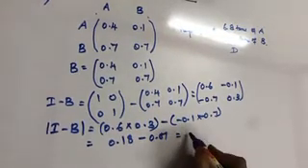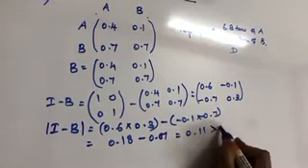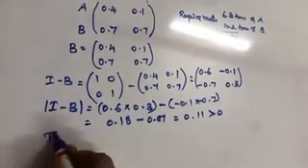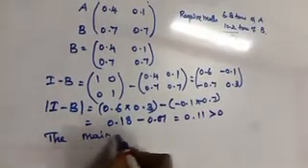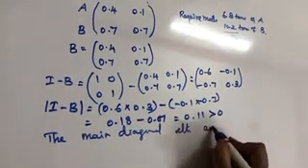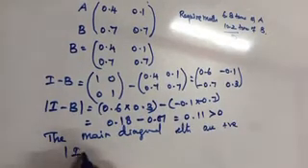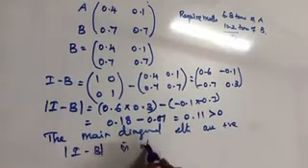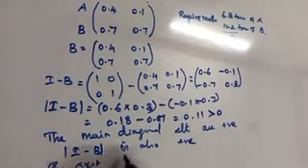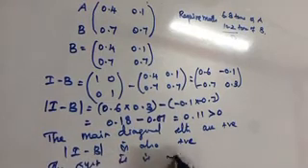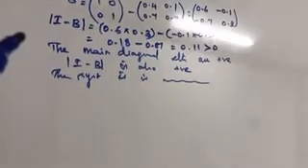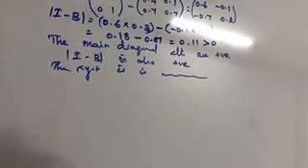It is equal to 0.11, and it is also greater than 0. So the two conditions you have to write: the main diagonal elements are positive, and the determinant of I minus B is also positive. So the system is viable under Hawkins-Simons conditions.